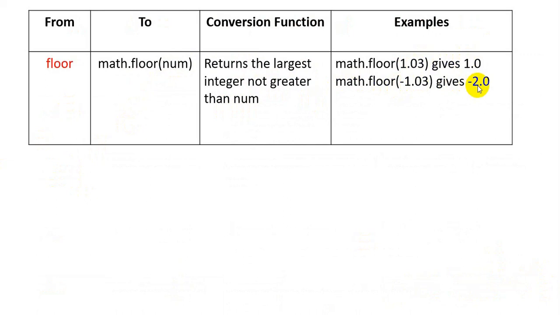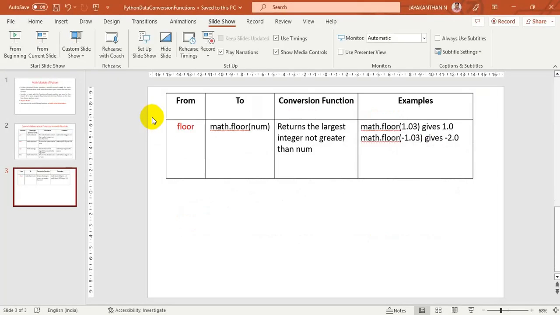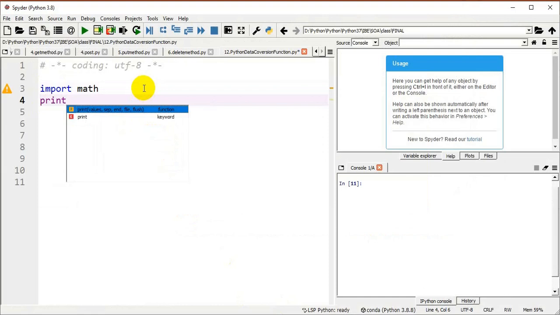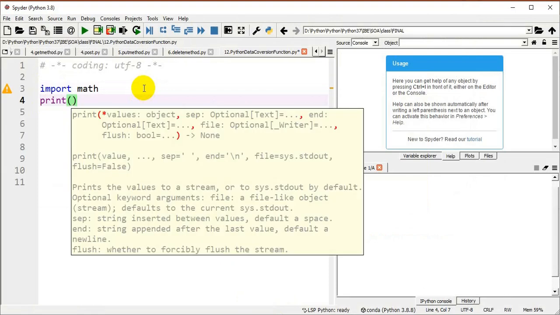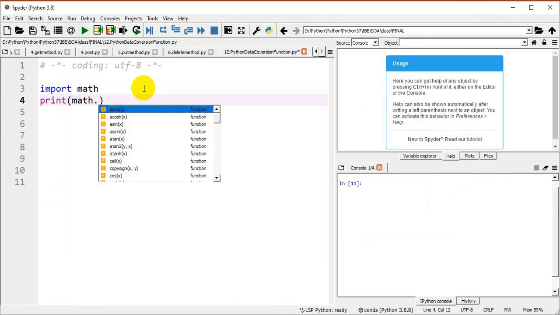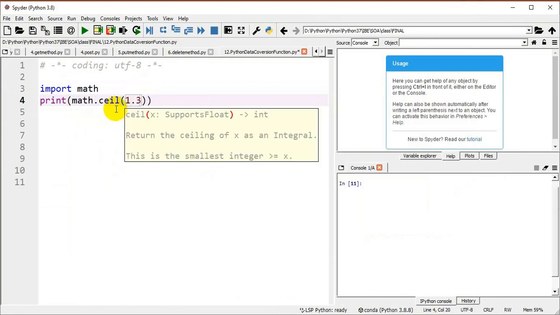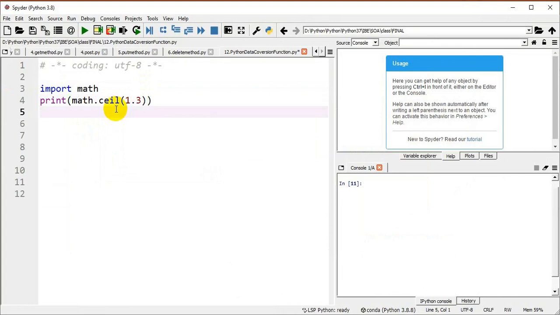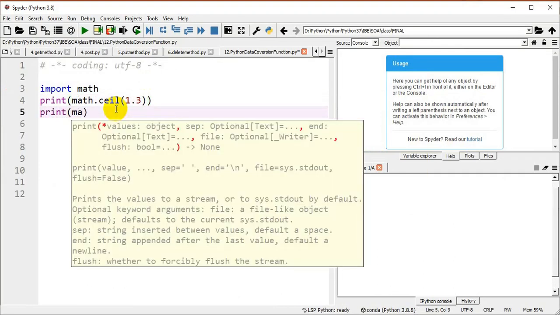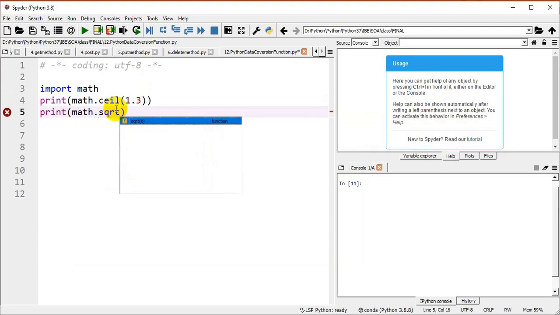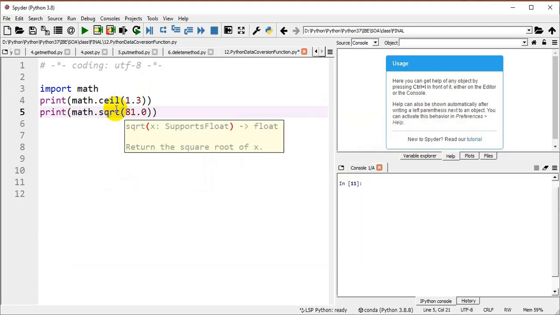We will see the demo of all these functions. I am giving import math. Then print math dot ceil of 1.3. Next line, print math dot square root of 81.0.